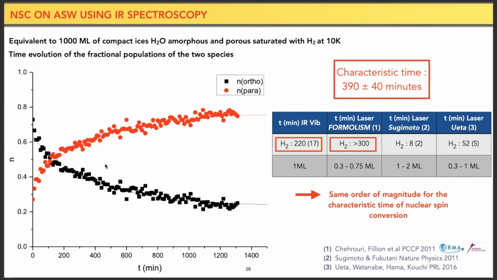We should continue the experiment to see if at a given moment all the ortho molecules are completely converted to para molecules. But we found a characteristic time of conversion of 390 minutes, and that's in the same order of magnitude as the two results obtained with the LERMA experiments.